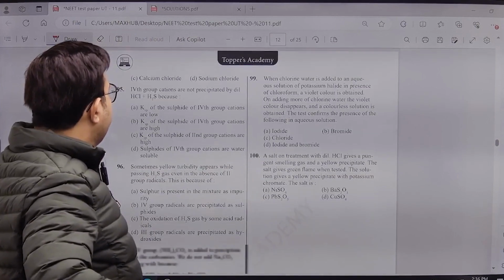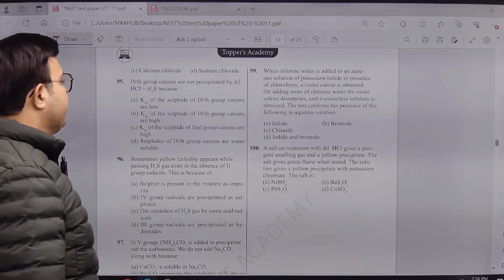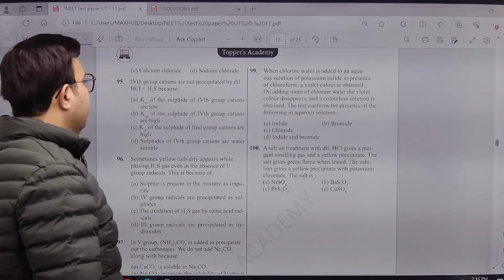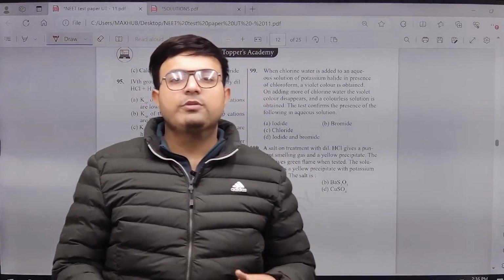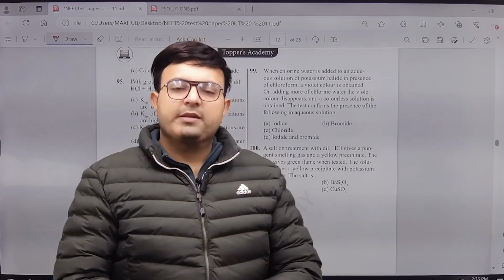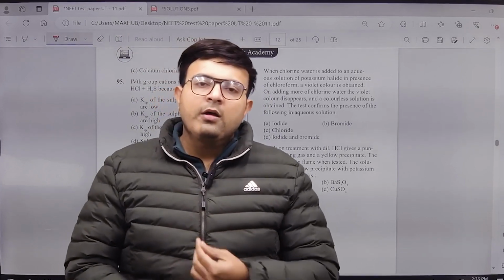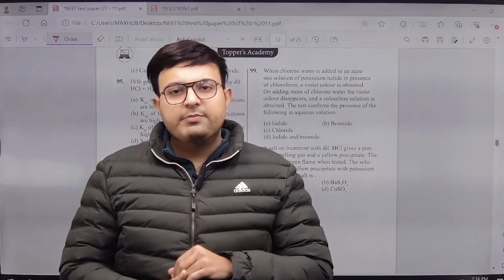We'll go to question number 95. Fourth group cations are not precipitated by dilute HCl and H2S. Dilute HCl and H2S, I have already told you, is the group 2 reagent. So groups 3, 4, 5 will not get precipitated out with your group 2 reagent. And why do they not get precipitated?